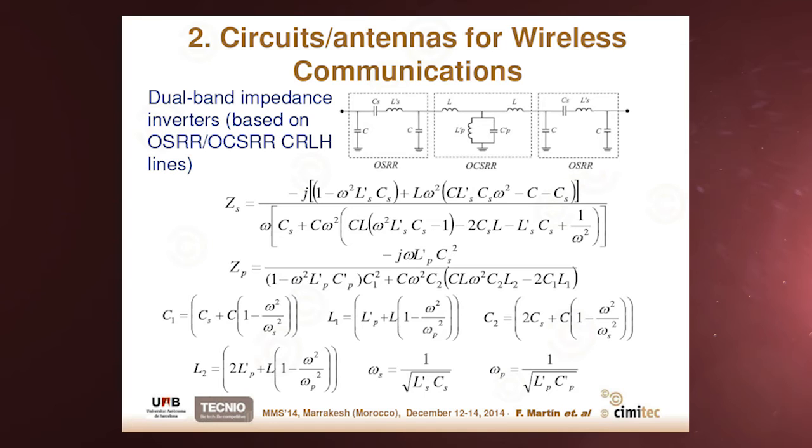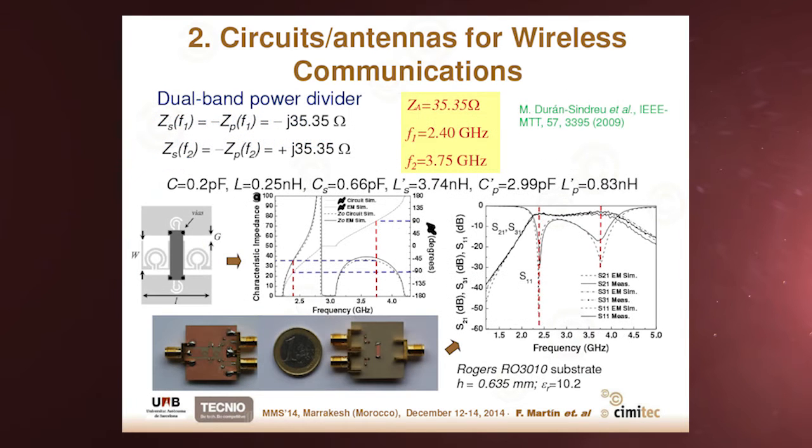But the fact that we have 6 elements is not a problem. We have more degrees of flexibility, but be careful, because we cannot have a real control on the parasitics. Anyway, we can obtain the series impedance and the shunt impedance of the equivalent T-circuit model, and from these values, we can determine the elements in order to achieve the dual band functionality.